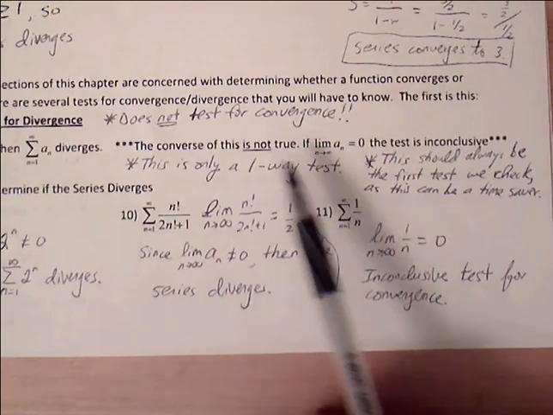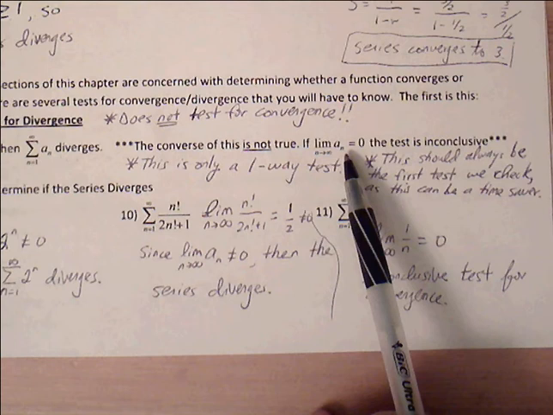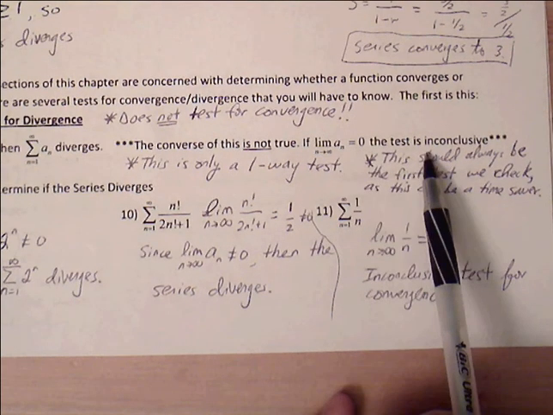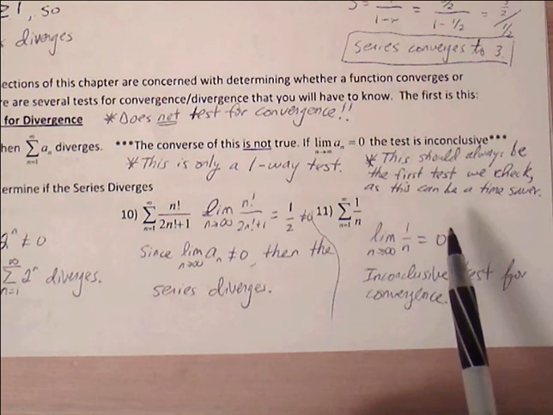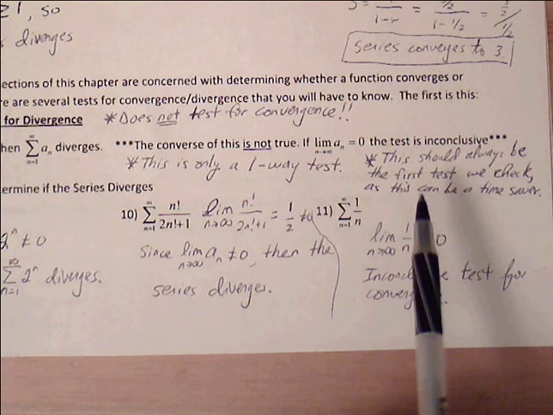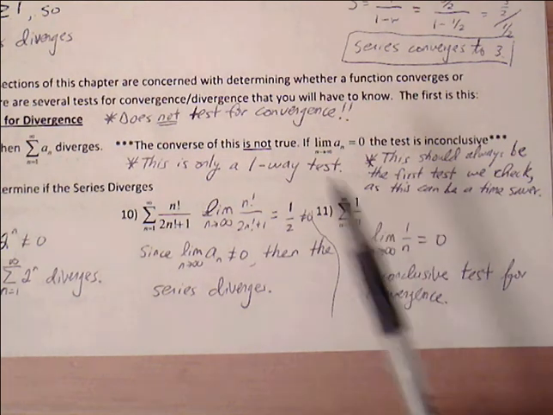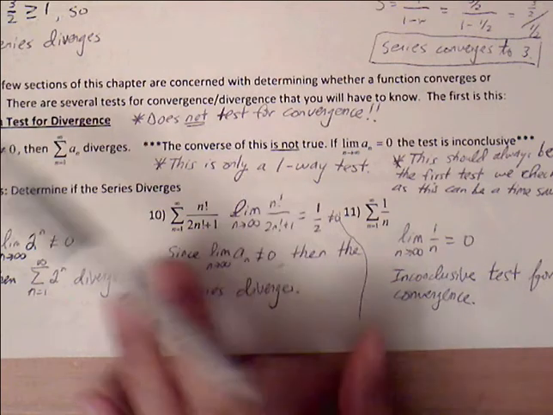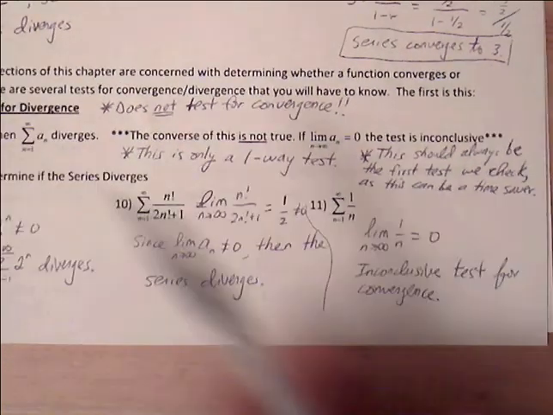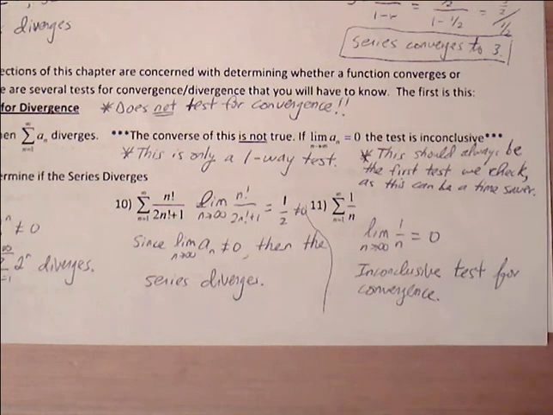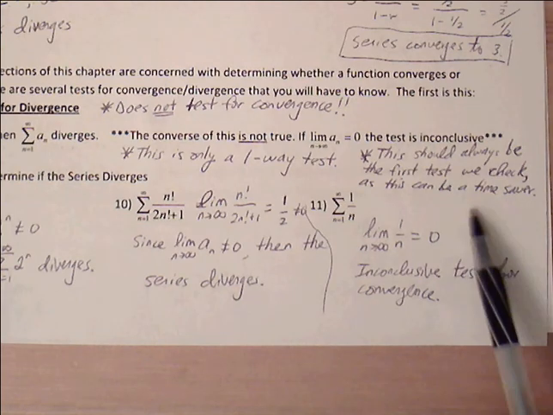So again, if the limit of the sequence as n approaches infinity equals 0, then this test is inconclusive, and we're going to have to investigate further to determine whether this series converges or diverges. So this is only a one-way test, and we do want to make sure that this is the first test that we check. It's a bit of a time saver, and it's just a good habit to get into.